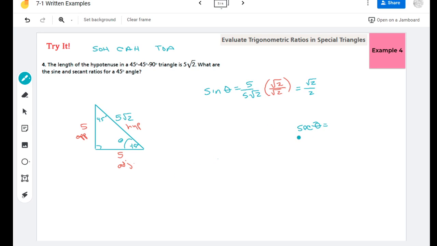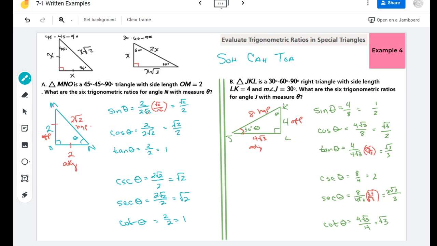Now my secant is the same thing as my cosine flipped upside down. So if my cosine is the adjacent over the hypotenuse, my secant is going to be the hypotenuse over the adjacent. So it's going to be 5 root 2 over 5, good lord. And you can see the 5's cancel out, and I'm left with the root 2.